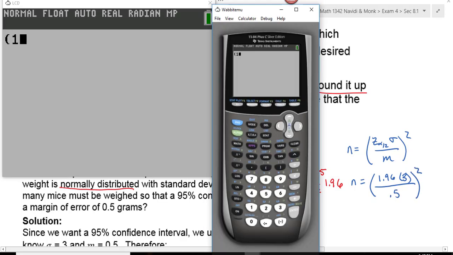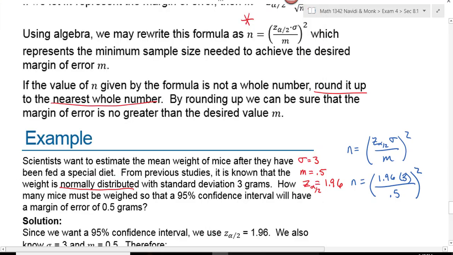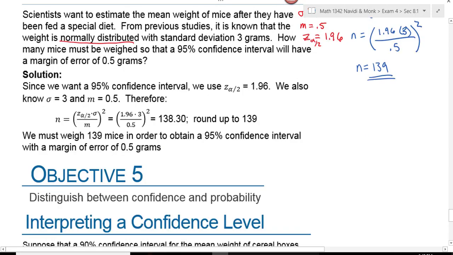So we do 1.96 times 3 divided by 0.5, close parentheses, squared, and we get 138.28. So how many mice do we have to weigh? 139, because we round up to the next whole number. This is a different kind of rounding. Whenever you're finding the sample size, it's better to err on the side of caution and survey too many than too few. So we round up to the next whole number. And there it is written out all nice and pretty as well.